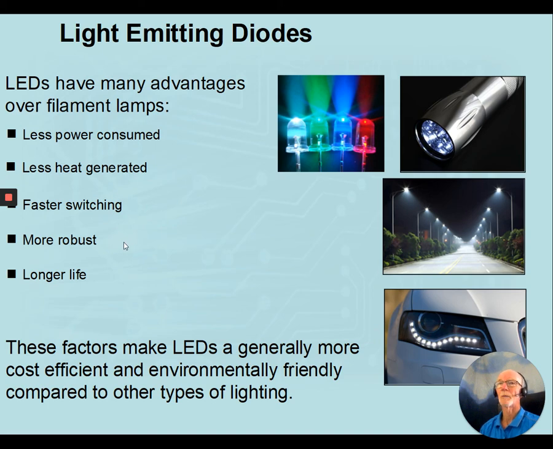They're quite robust because they don't have a filament that could be easily damaged, and because they don't get hot and are robust, they have a lot longer life than a normal incandescent bulb. They're becoming very popular because of their high efficiency and their low cost compared to how long they can last, and so they're seen as a lot more environmentally friendly.